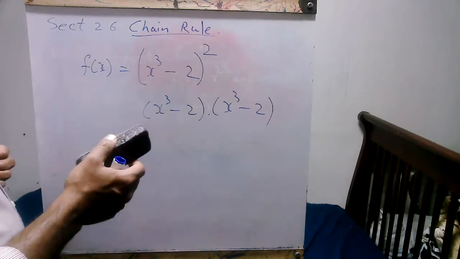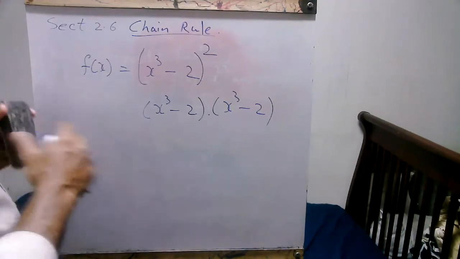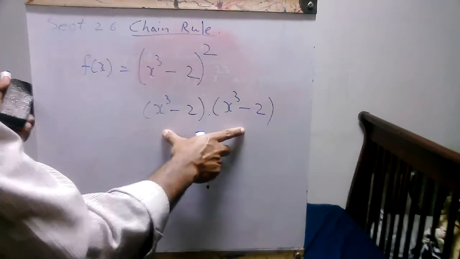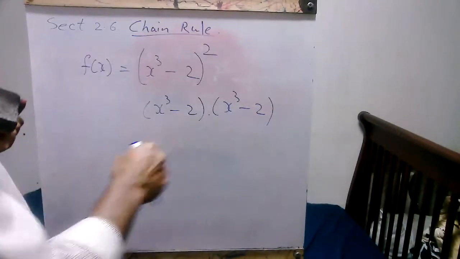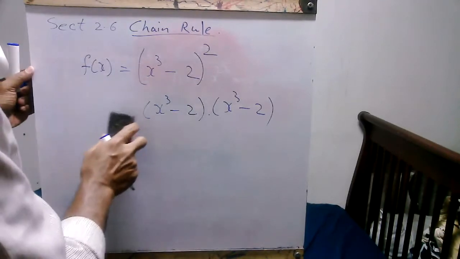That's one way. The other way, without differentiating this, we can proceed and distribute to get an expression.